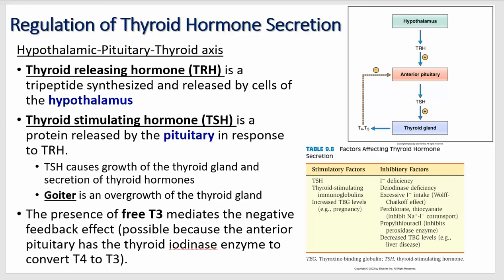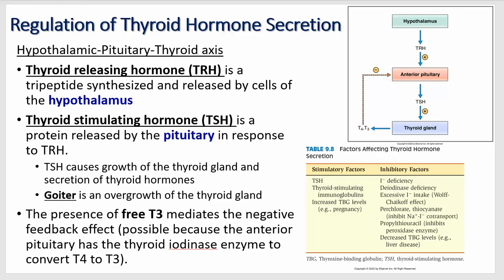All right, so regulation of thyroid hormone secretion is primarily through the anterior pituitary. So the anterior pituitary kind of sniffs around and sees how much thyroid hormone is in there. And if there is enough thyroid hormone around, it will stop the release of thyroid stimulating hormone. Oh shoot, I think I said that backwards earlier. I think I said thyroid releasing hormone earlier. Whoops, sorry, ignore that.